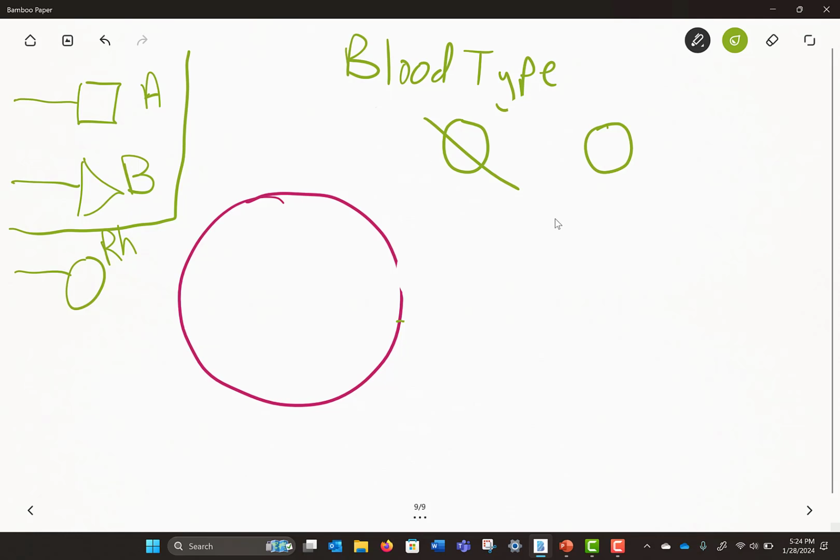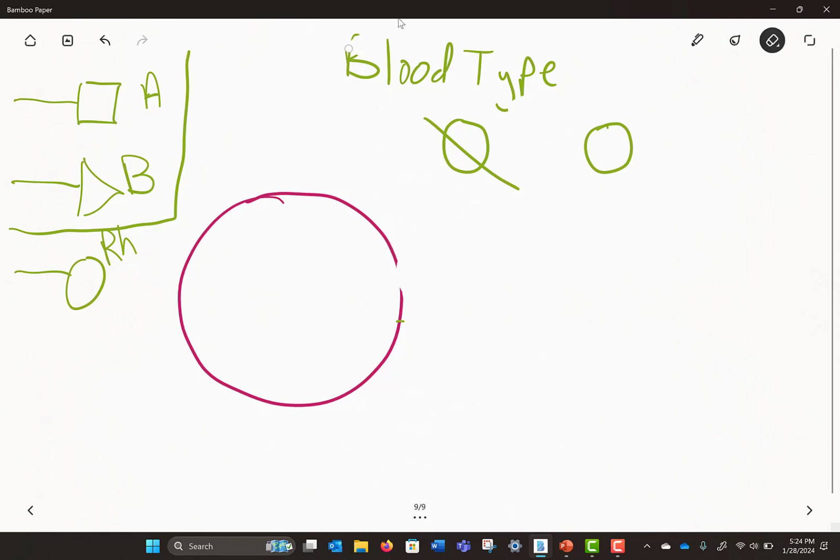Blood type O tells us there are 0 antigens on their erythrocytes. So blood type O, no antigens on their erythrocytes. There is no antigen O. Antigen O just means no or 0 antigens.